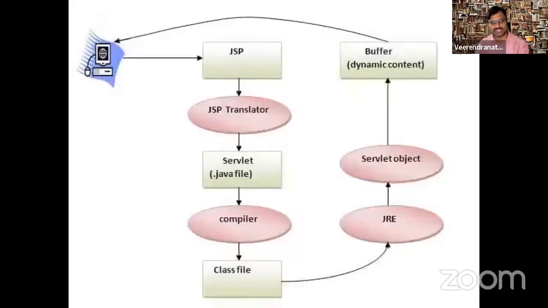At the end of the day, the JSP is translated into a servlet, and that servlet is translated into a class file. From there, the JVM takes care of creating the servlet objects, and then the dynamic content is given back.